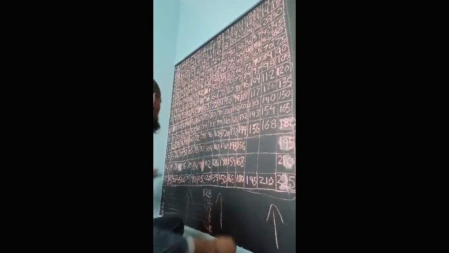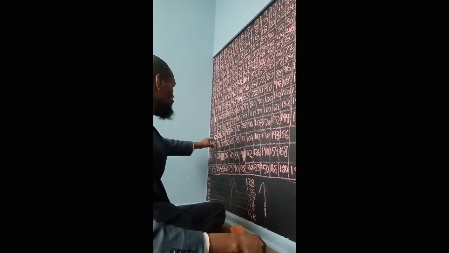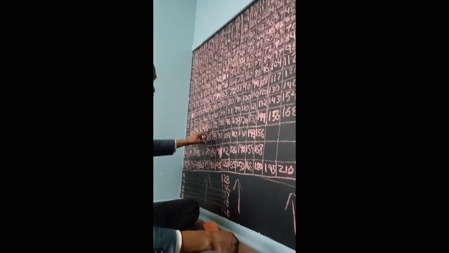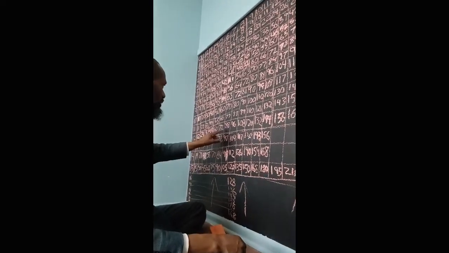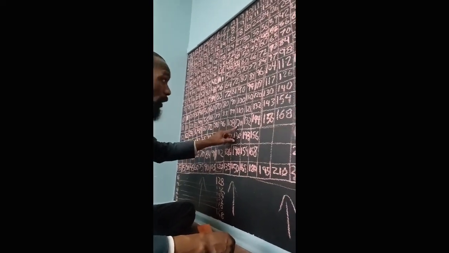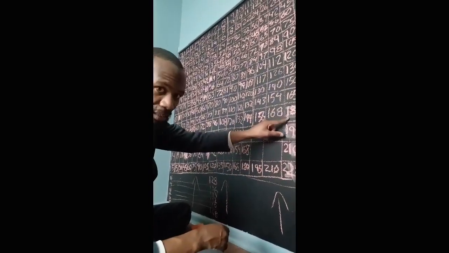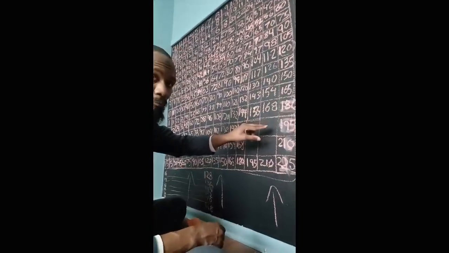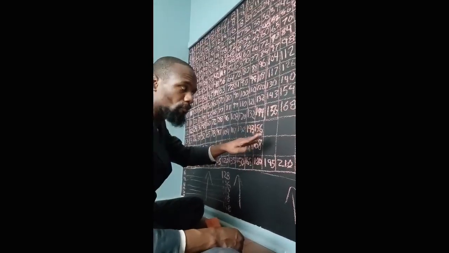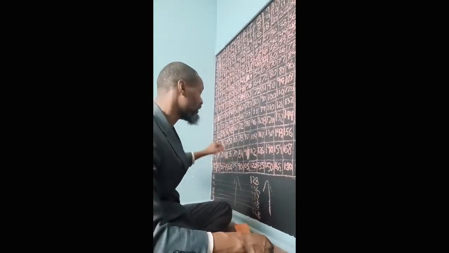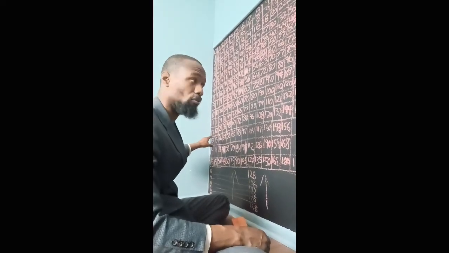Remember, it skips. Watch. Look up here. 12. That's 1, 2, 3, 4, 6. See how I skipped? 7, 8, 9, 10, 12. Right? 13, 14, 15, 16, 18. See how I skipped? It skipped 2. Every 5. That's the secret of 12.